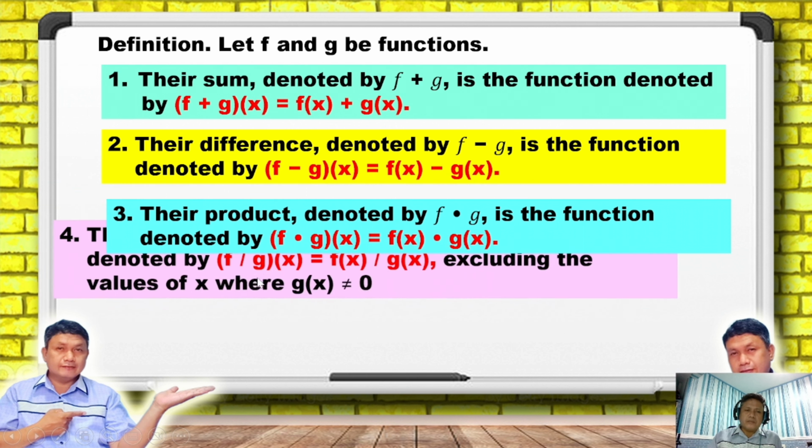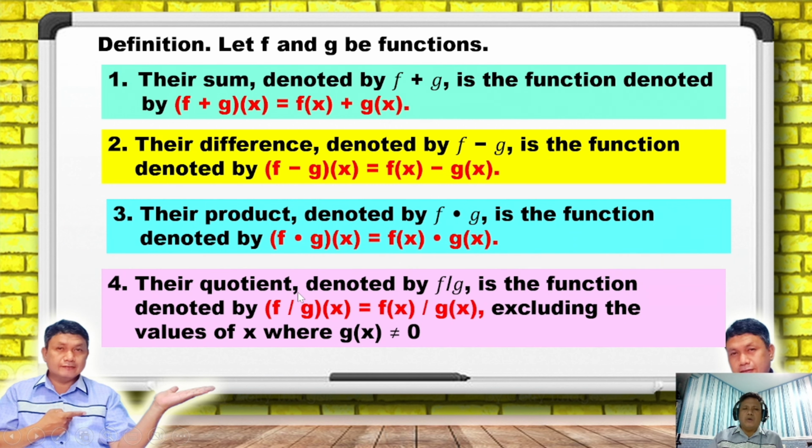And lastly, their quotient denoted by F over G is the function denoted by quantity F over G of X is equal to the F of X divided by G of X, excluding the values of X where G of X is equal to 0.